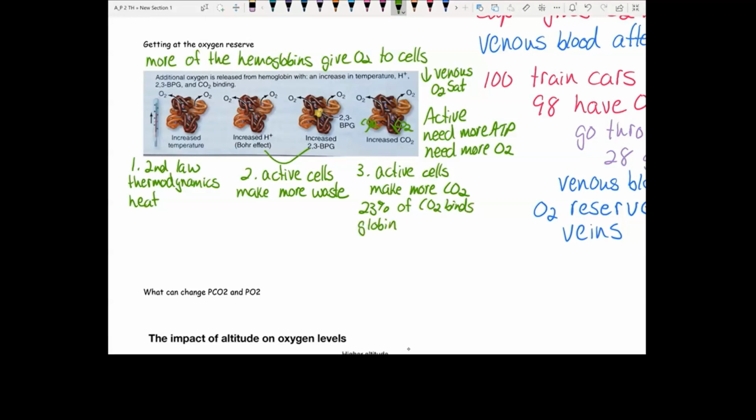So if it's always going to be 23% that binds the globin, if you make more carbon dioxide, more of it will bind the globin. And this has the effect of kicking the oxygen out. Hemoglobin can hold either oxygen or carbon dioxide, but not both at the same time. So if carbon dioxide goes in, oxygen gets kicked out.